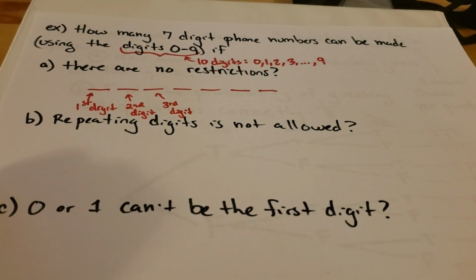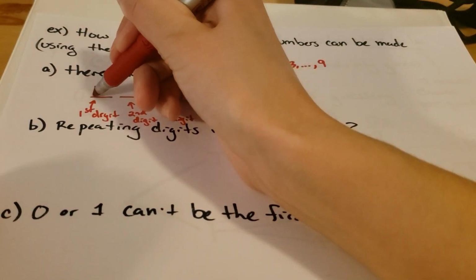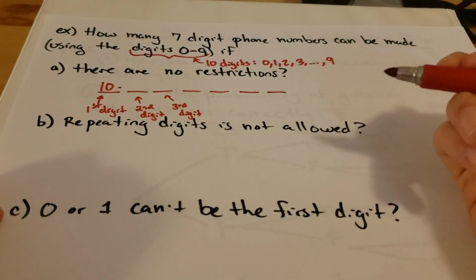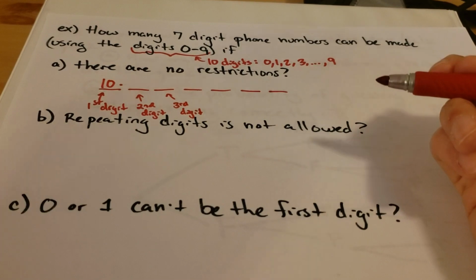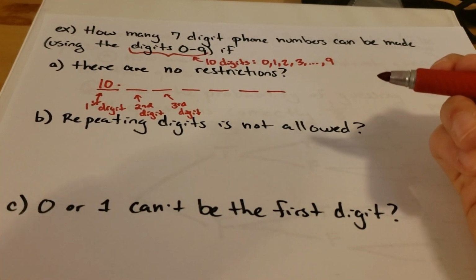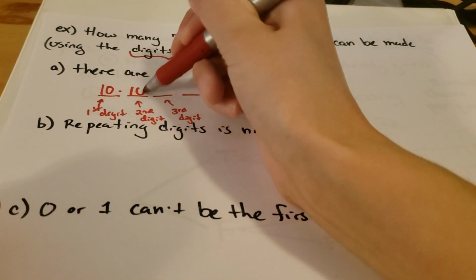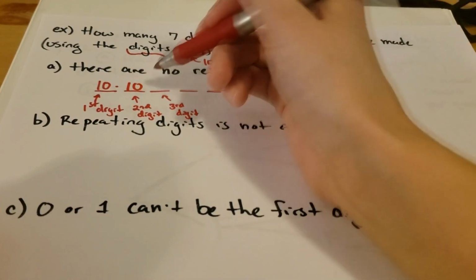We have 10 possible choices for the first digit, so we can use any of the digits 0 through 9. Now for our second digit, there's no restrictions, so we can use any one of the 10 digits again. That means there's 10 ways to choose the second digit.